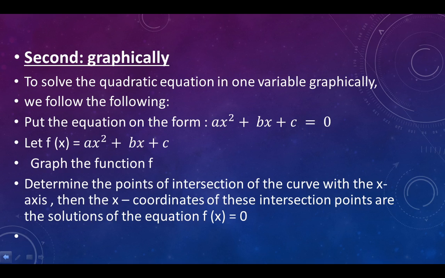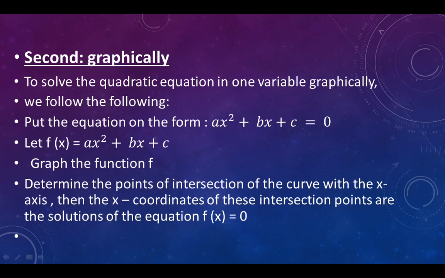Graph the function. Determine the points of intersection of the curve with x-axis. Then, the x-coordinate of these intersection points are the solution of the equation f of x equal 0. So, to find the solution of any quadratic equation graphically, first you have to graph the function.